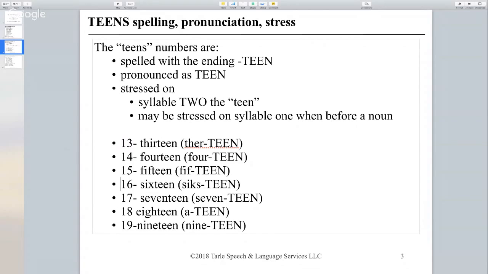Okay, and let me just show you that one more time. 13, 14, 15, 16, 17, 18, 19.